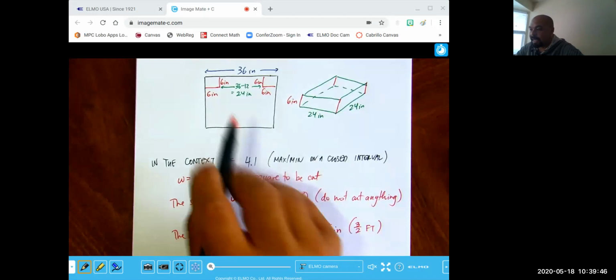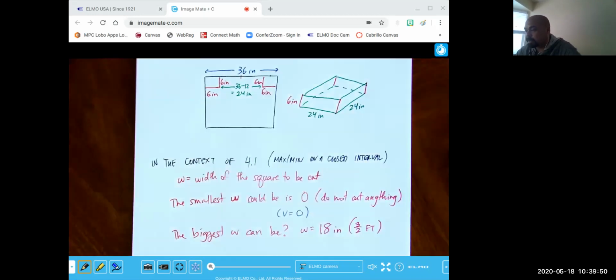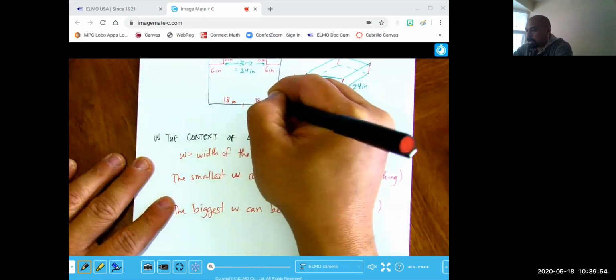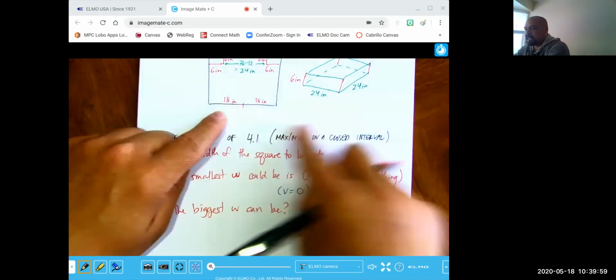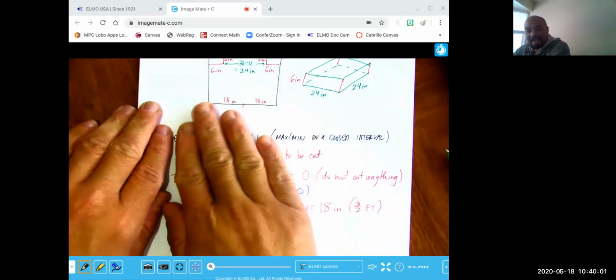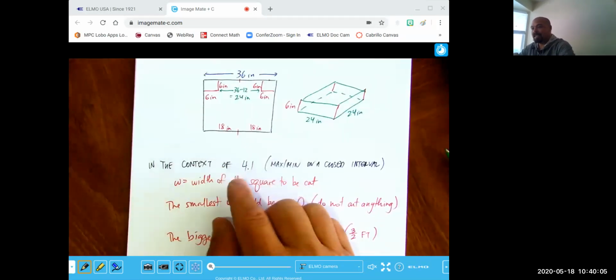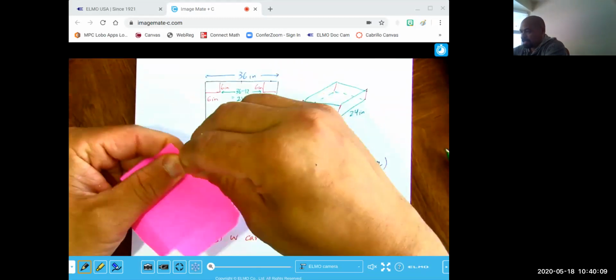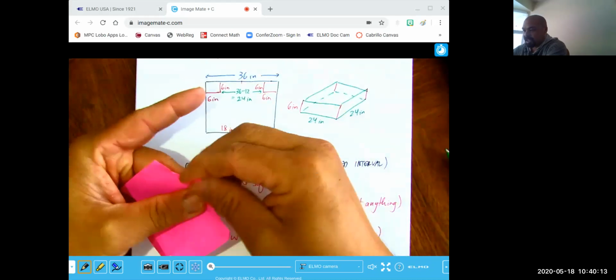Because once I get to 18, cutting that mark in the middle, 18 on both sides is going to be in the middle. But again, that's similar to the idea of not cutting anything, because if I cut it all the way across, if I cut it to the middle, halfway, it just shaves off that complete size.